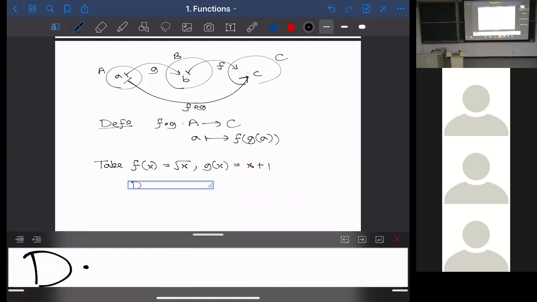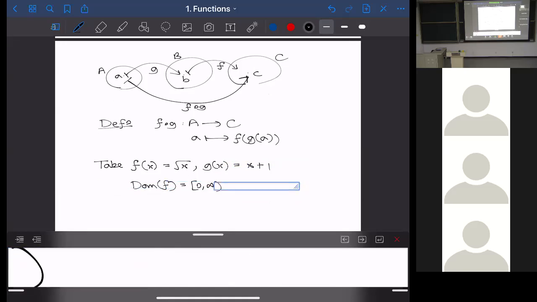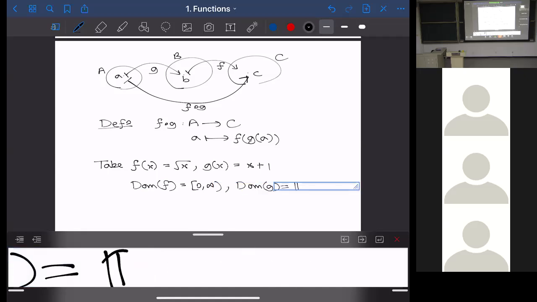So the domain of f is positive real numbers, and the domain of g is the whole of the real numbers.